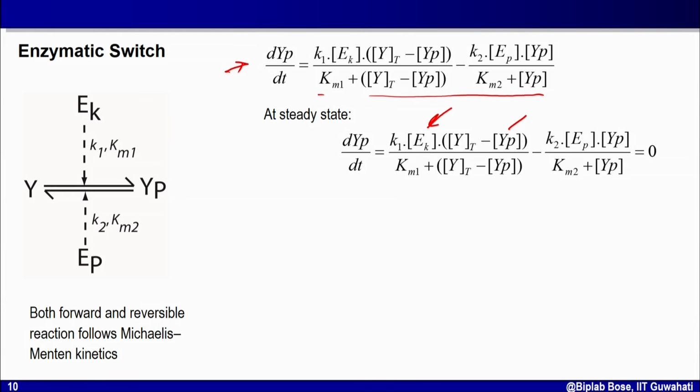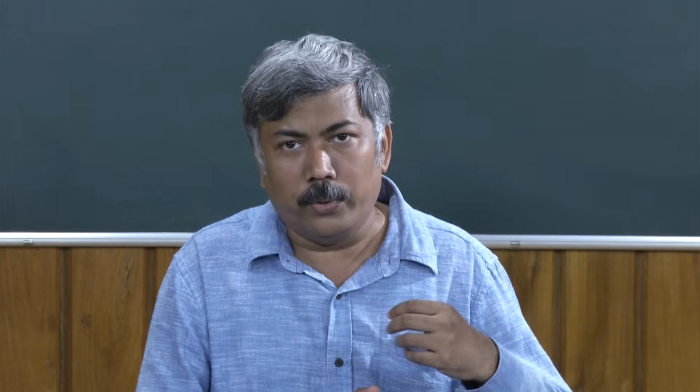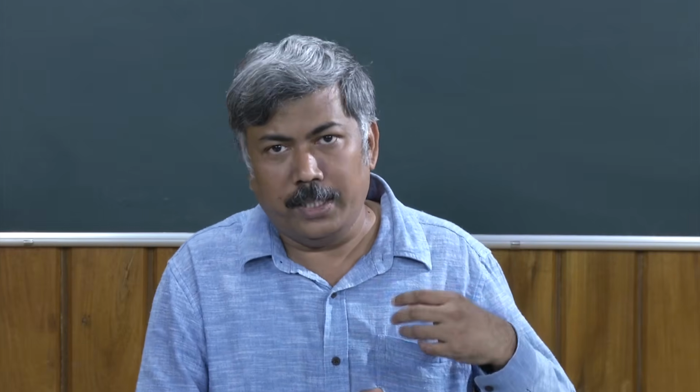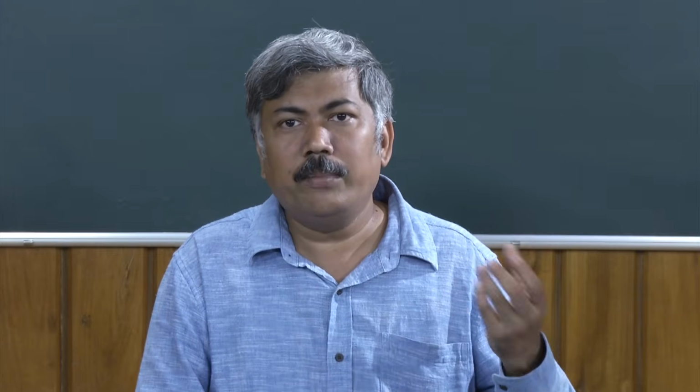So, I will keep EK on one side and YP on the other side. Remember, EK, the concentration of the kinase enzyme, can be considered here just like an input, because that EK may have got activated by an input signal. So, that input signal can be represented by the concentration of the kinase enzyme.